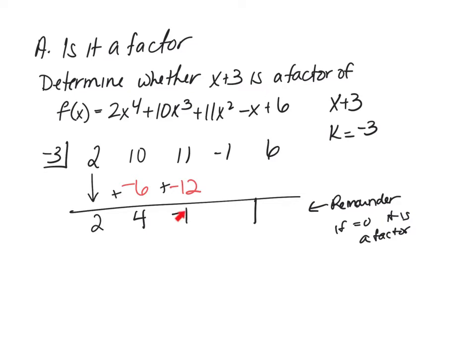Then we multiply again, negative 1 times negative 3, so we get positive 3. Then we add to get 2, and then we multiply 2 times negative 3, and we get negative 6, and then we add, and we get 0. So yes, x plus 3 is a factor.